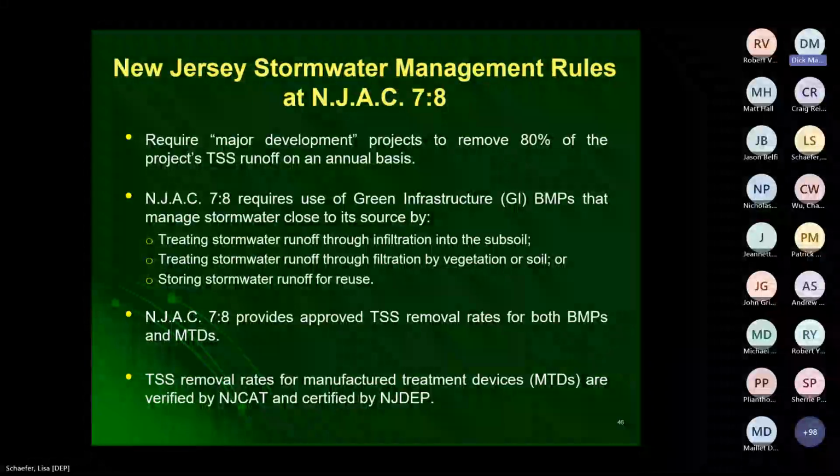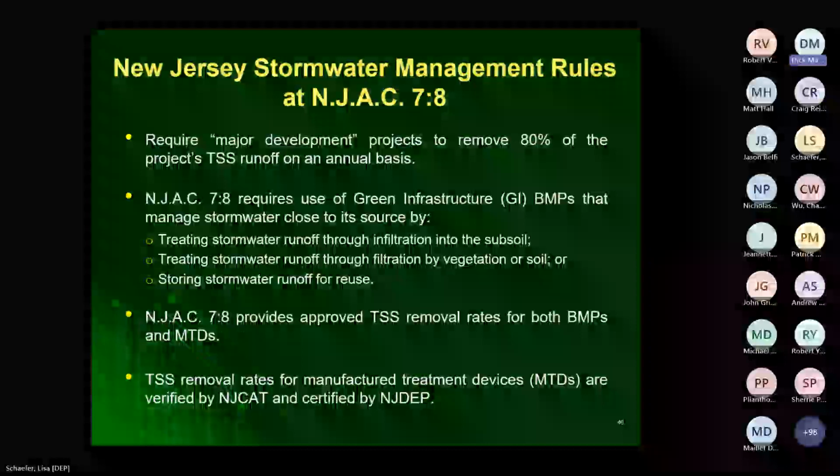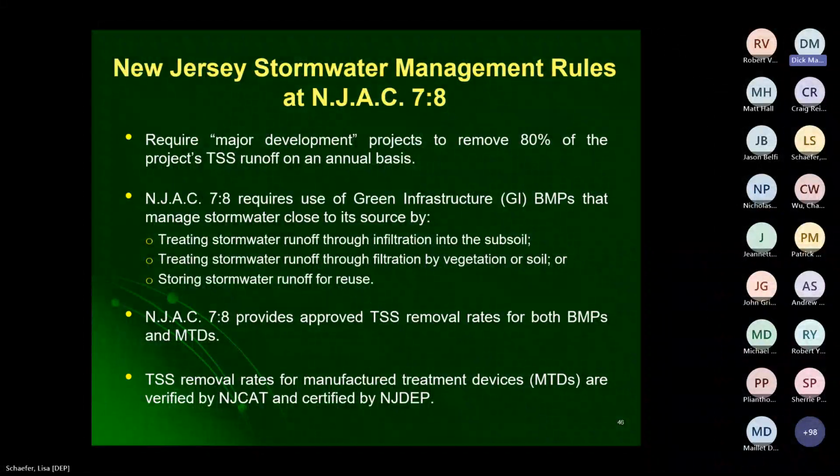The rules also require green infrastructure, which are GI BMPs that manage stormwater close to its source by one of three means: treating stormwater runoff through infiltration into the subsoil, treating it by vegetation or soil, or storing stormwater runoff for reuse.